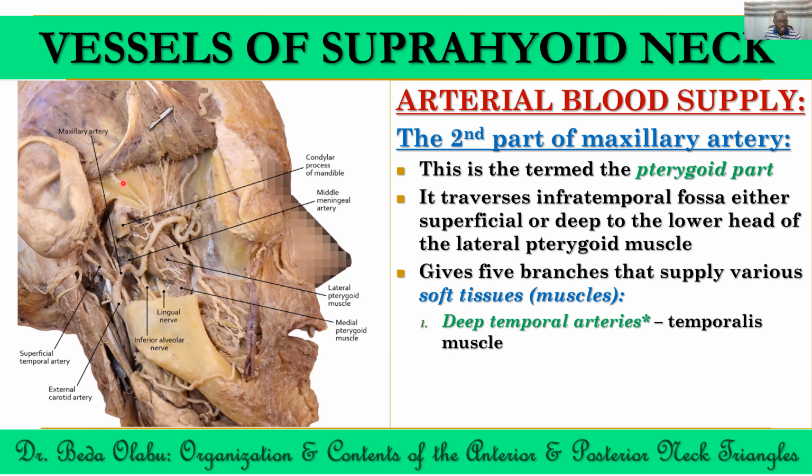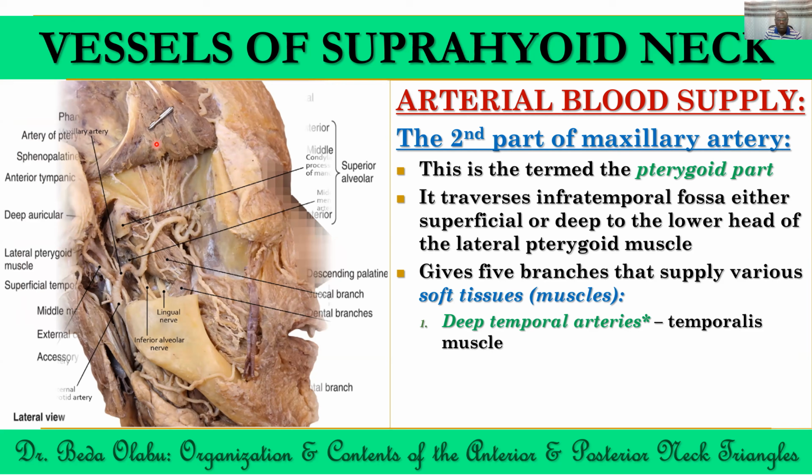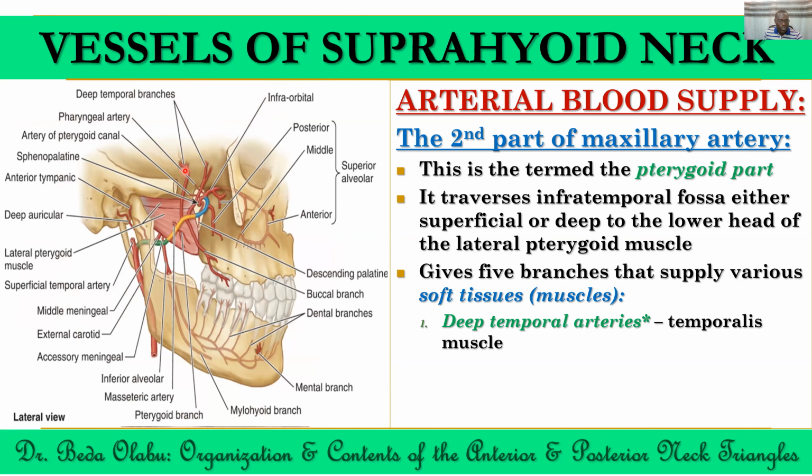The others are the posterior deep temporal nerve and anterior deep temporal nerve. The nerves are from mandibular nerve, anterior division. The arteries are from the maxillary artery. So those are 2 deep temporal arteries. Those ones have gone to temporalis muscle.